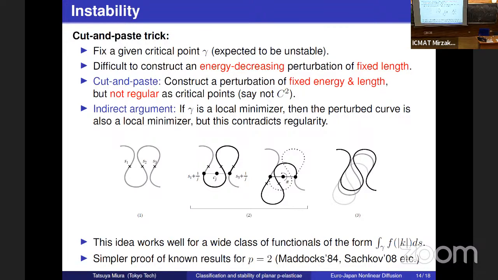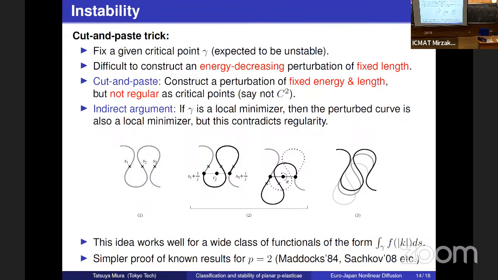So I think our assumption does not need monotonicity, perhaps, but some kind of regularity and structure at the origin. But anyway, what we have indeed assumed is that every critical point is of class C2.